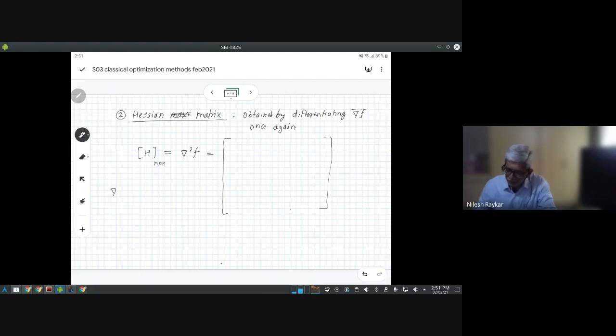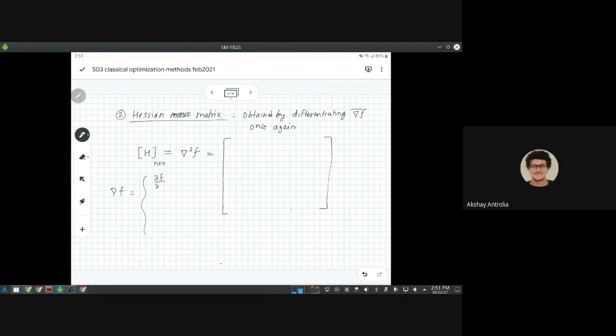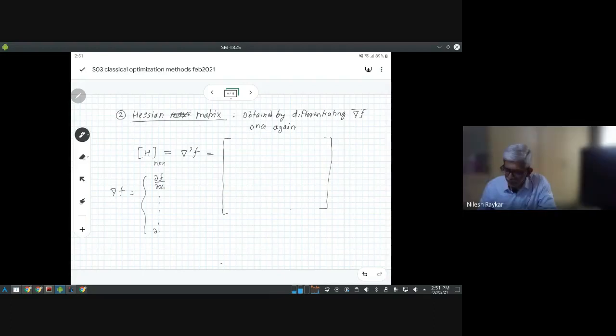If you remember the del of f, does anybody remember what the first term is? It is dabba f by dabba x1, and each term corresponds up to dabba f by dabba xn.